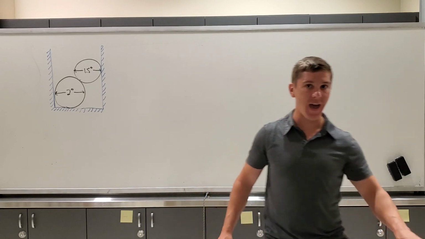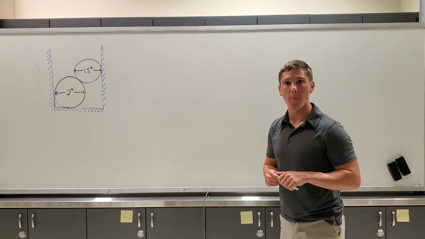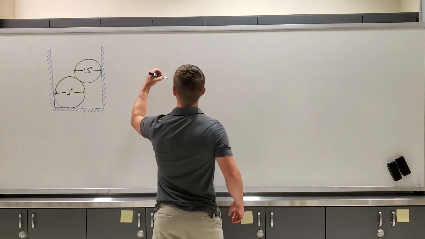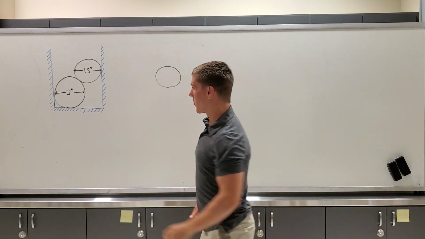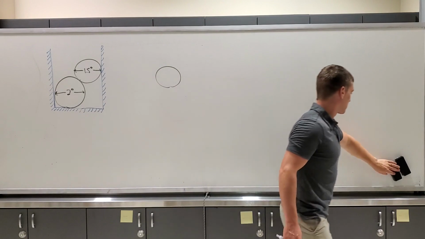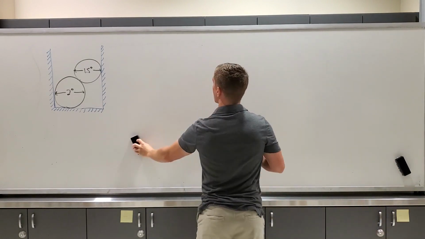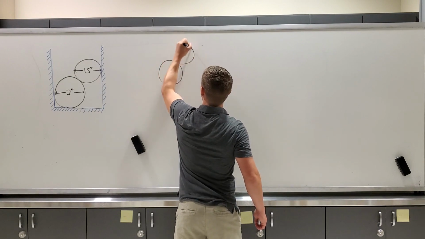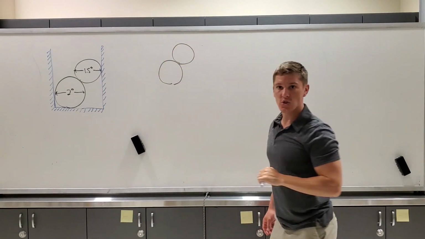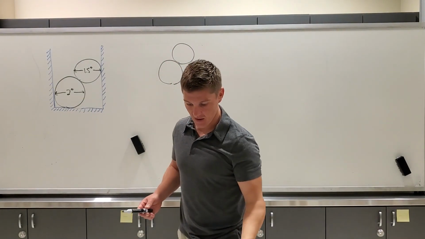So let's look at these two ball bearings together. If I have the 2-inch ball bearing here and the 1.5-inch ball bearing here, let's draw what forces we have acting on this system.